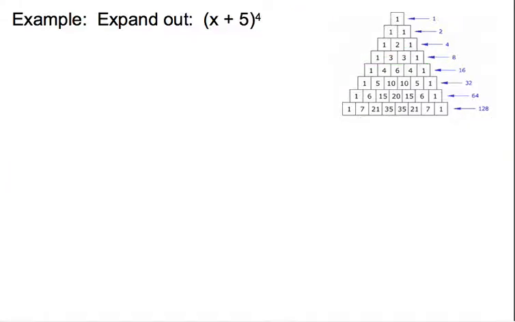Let's go ahead and do one more of these. So now we're at a degree of 4.